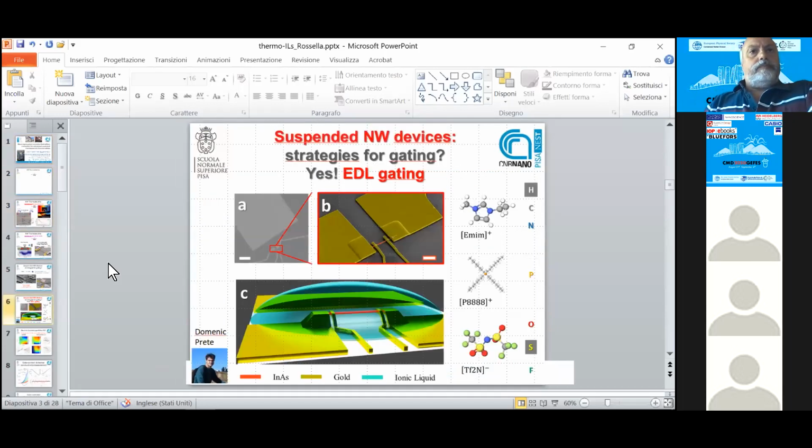So the ionic liquid we use is this one, and as far as I know, but maybe Dominic can confirm, it tends to crystallize below about 220, 230 Kelvin. But about the structure, honestly, Adam, I don't have a precise idea. I don't know if Dominic has an idea about the crystalline structure of the ionic liquid upon freezing.